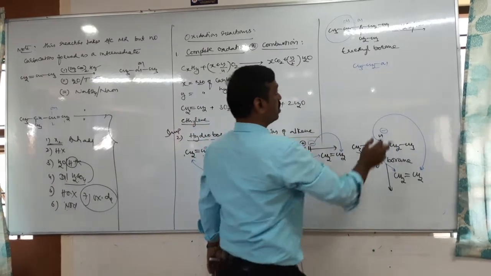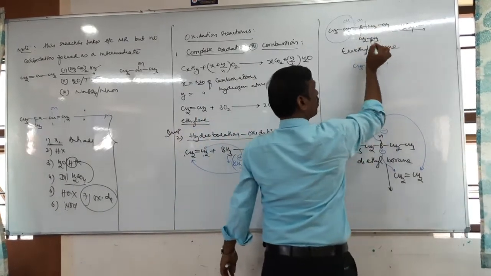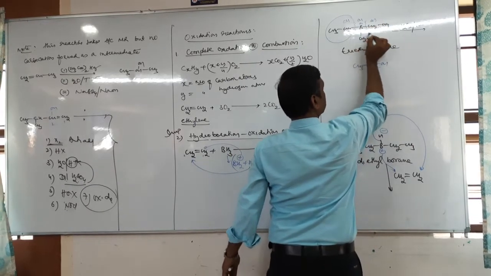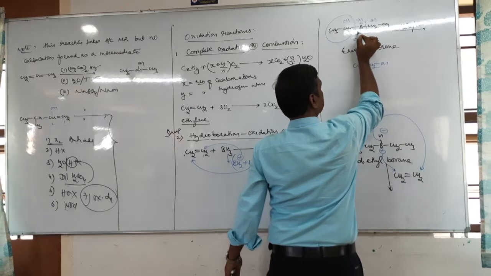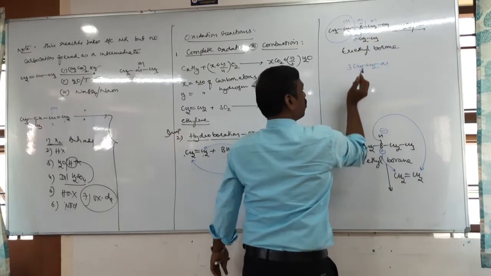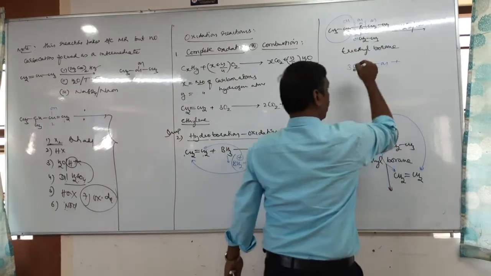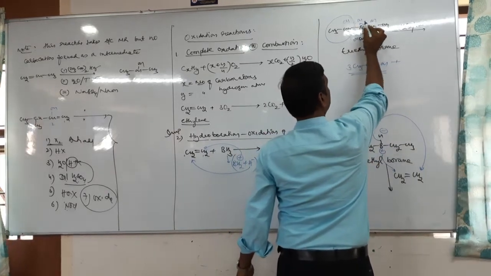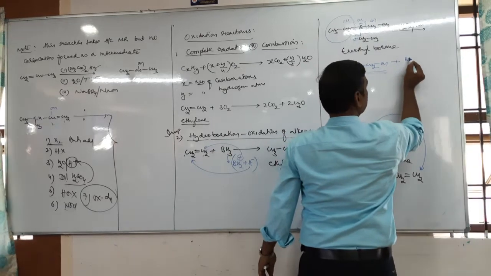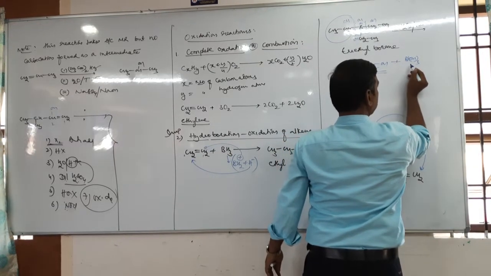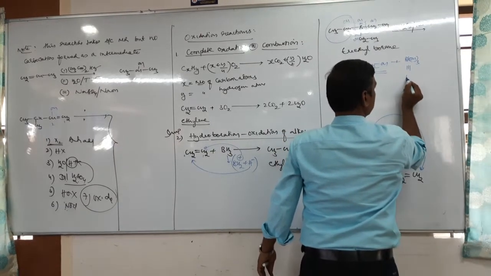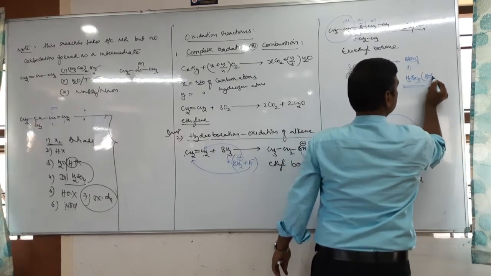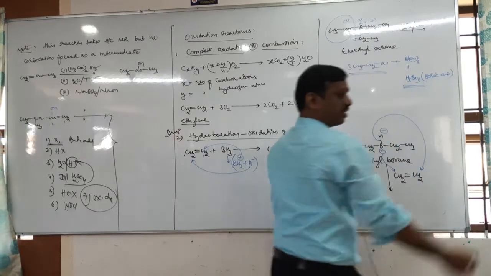So how many are there? 3 molecules, no? One more OH here, another OH here. Therefore 3 moles of alcohol will be formed. Along with 3 moles of alcohol, BOH, how many OH? BOH twice, which equals H3BO3, which is called boric acid.